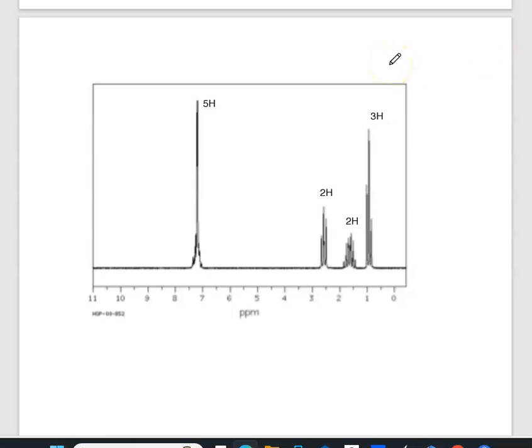So the first thing we want to look at is shift, which is down here. The shift of 0 to 5 is generally going to be a hydrogen attached to an sp3 carbon. And then the 5 to 10 range is going to be a hydrogen attached to an sp2.